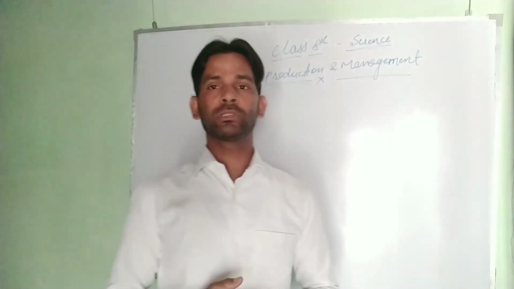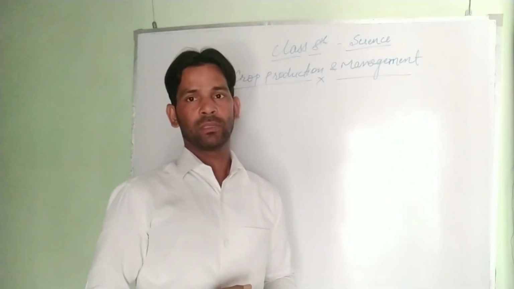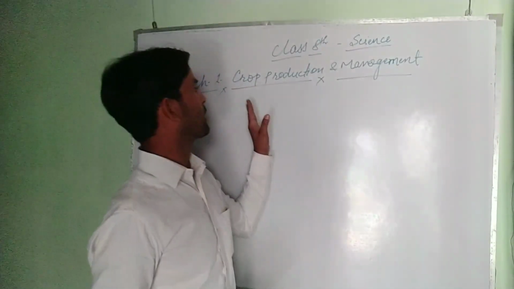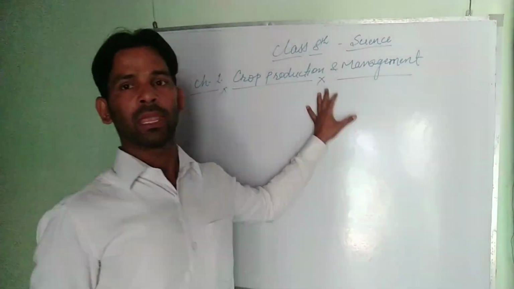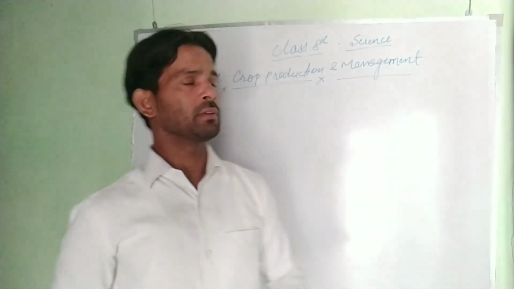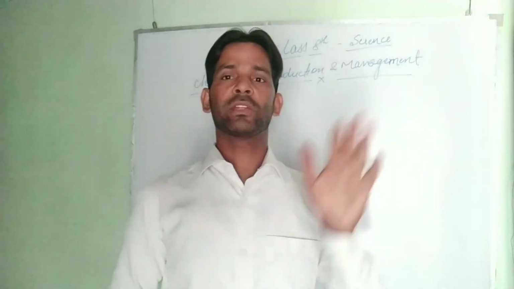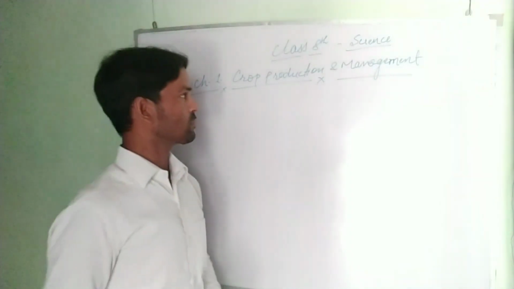How can we produce, how can we generate these types of crops? This is included in this particular chapter, that is, crop production and how it can be managed. It can be managed by different agricultural activities or different agricultural processes.